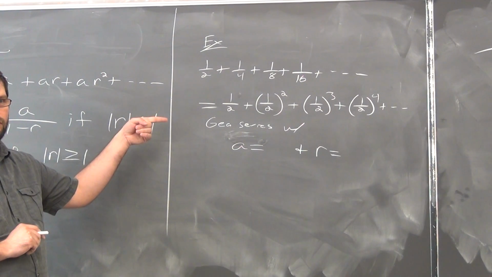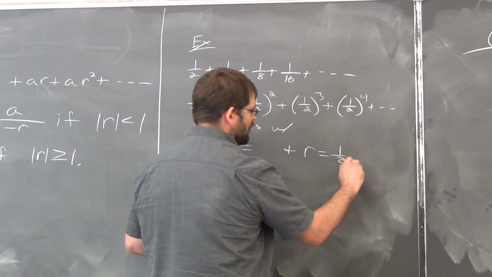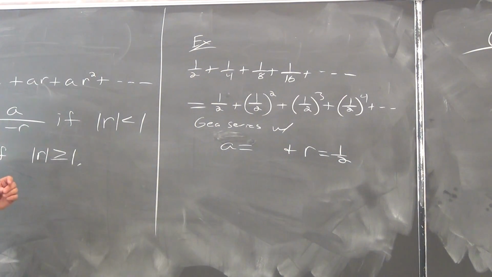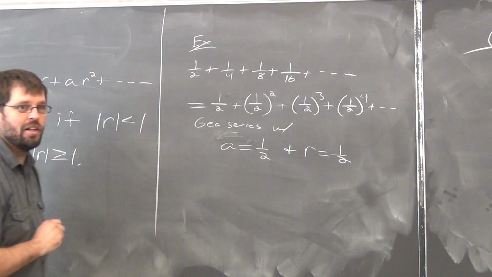Powers of 1/2, so your r is 1/2. What's your a? Your a is also 1/2, right? It's always going to be your first thing that shows up. So you've got to be careful when you set these up. We'll do more of these next time. But let me just start it off there.